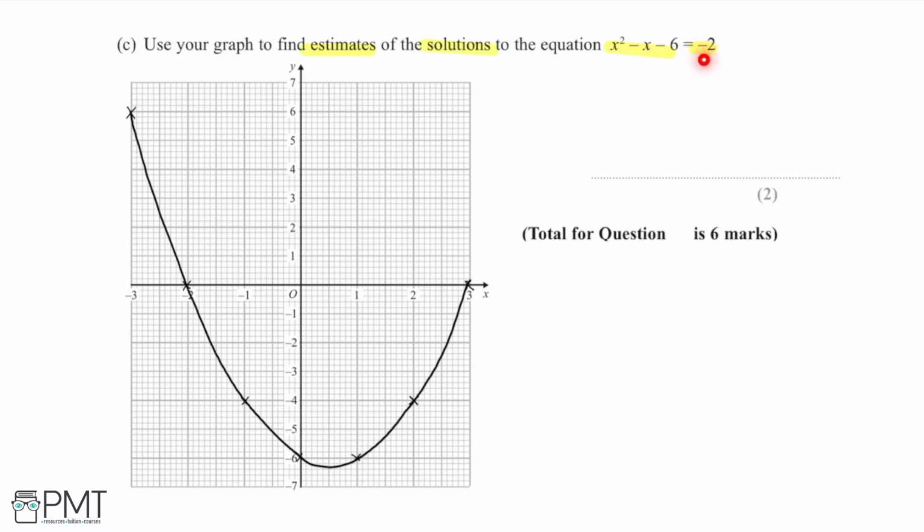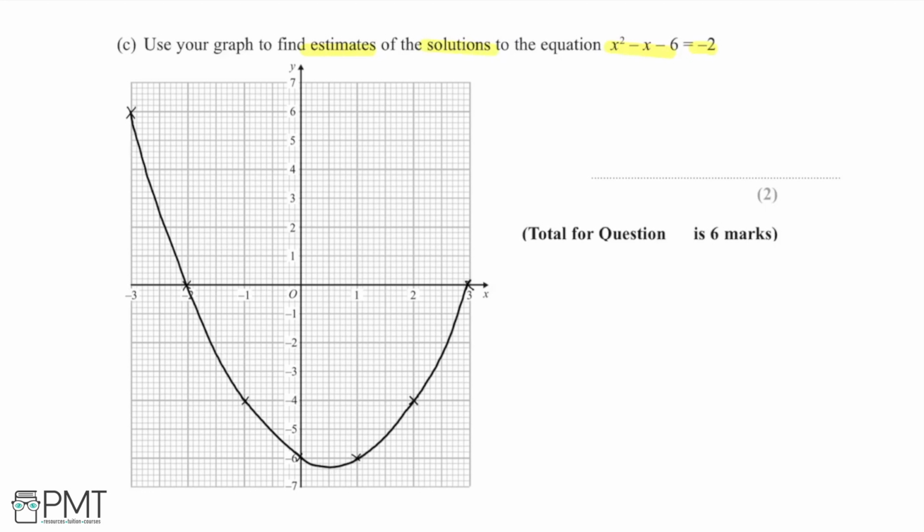So this -2 is kind of in the place of where the y was. So if we're looking for where y is equal to -2, and we find the x values corresponding to the graph at these points, then we're going to have found the estimates of the solutions to the equation.